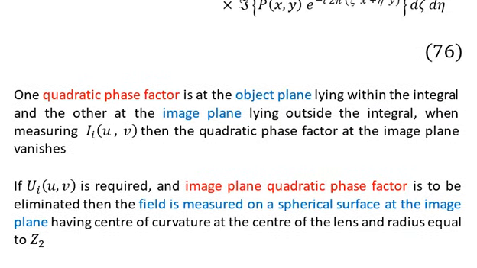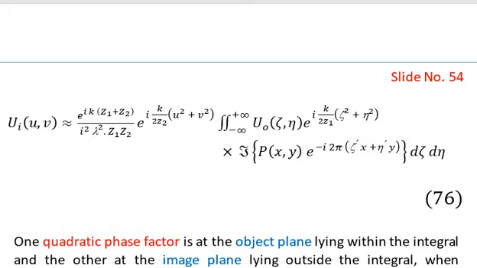So there is one quadratic phase factor at the object plane lying within the integral, and the other at the image plane lying outside the integral. When measuring I of u comma v, the quadratic phase factor at the image plane vanishes. So there are two quadratic phase factors here.